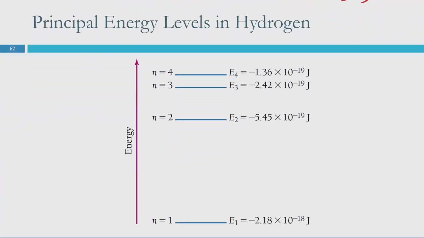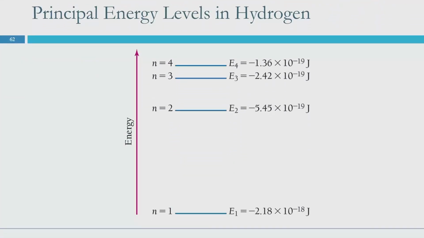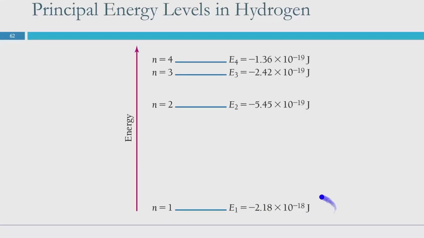And here's what those principal energy levels look like for hydrogen. So for n equals 1, we've got that constant that we saw times 1 over n squared, where n is 1. And so we just get this number back.